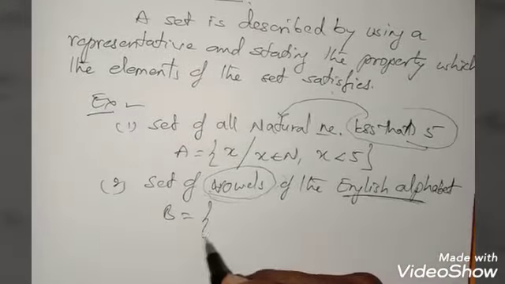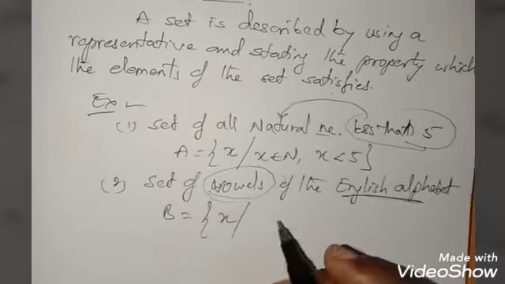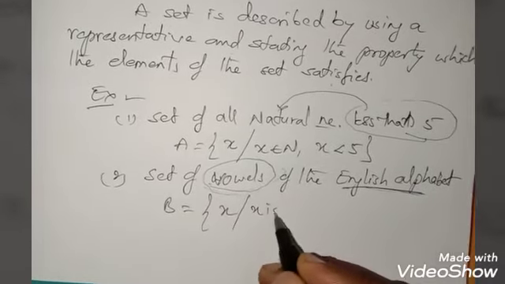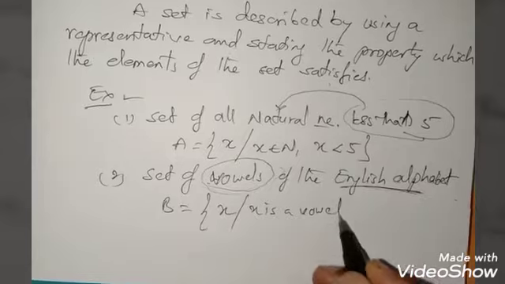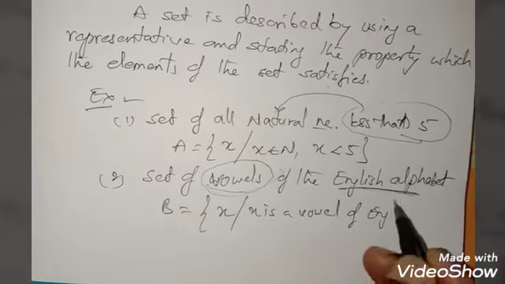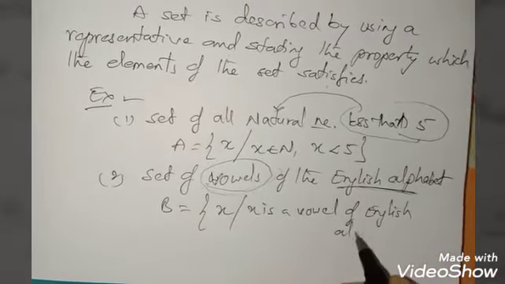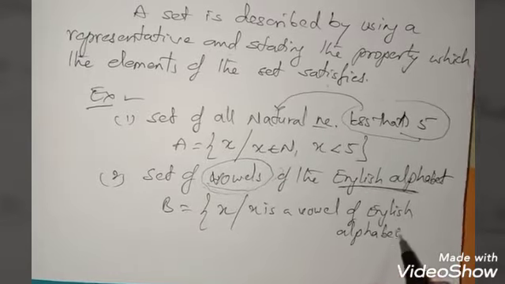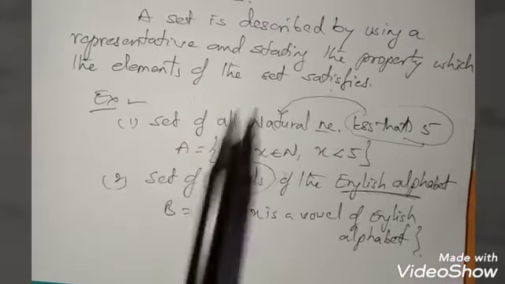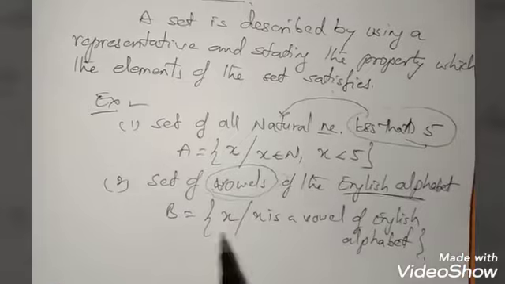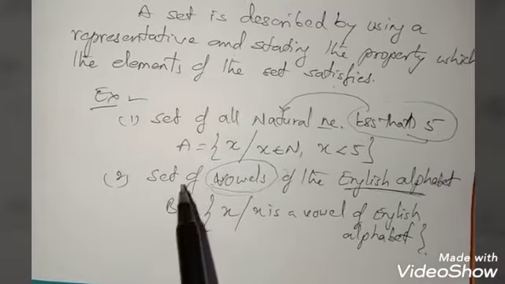So here we denote vowels as x, such that x is a vowel of the English alphabet. So like this we represent any set in set builder form.